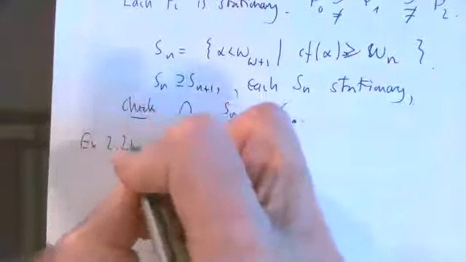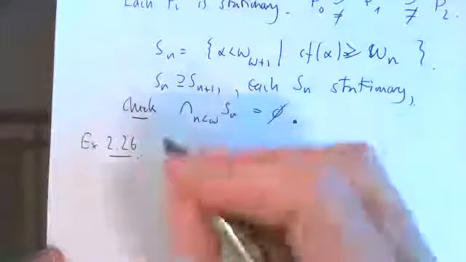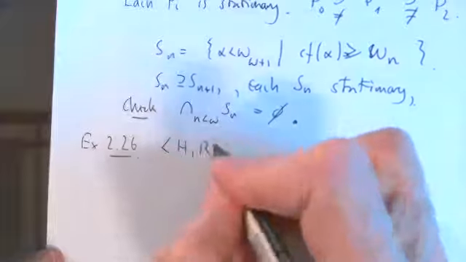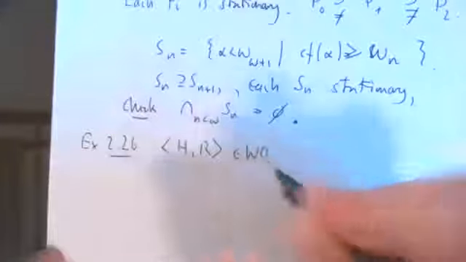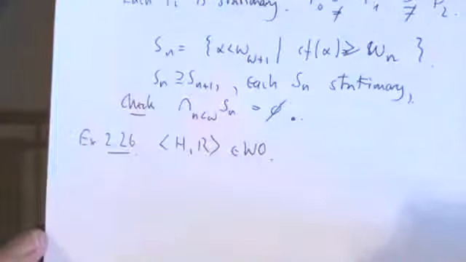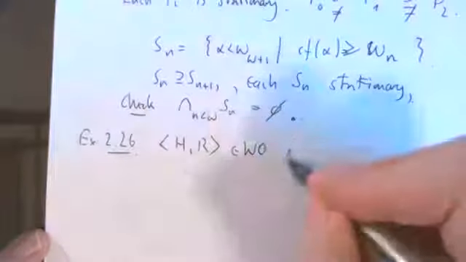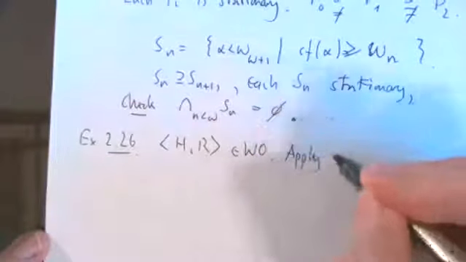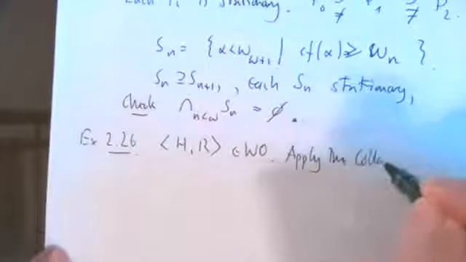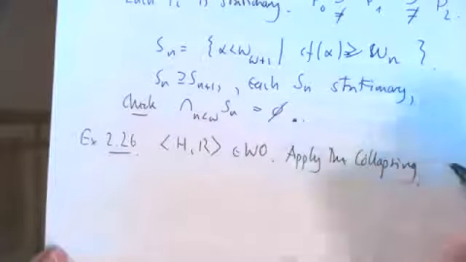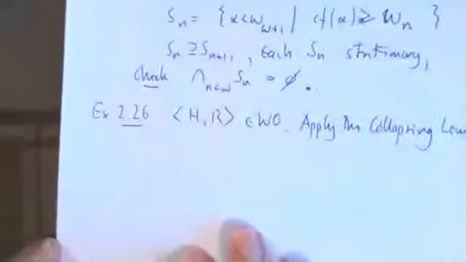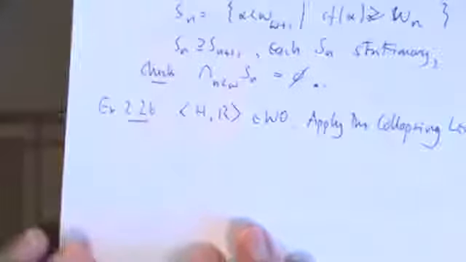Exercise 226. I've got a well ordering, and I'm going to apply the Mostowski-Shepherdson collapse. And the question is, what do we get? What's the outcome?